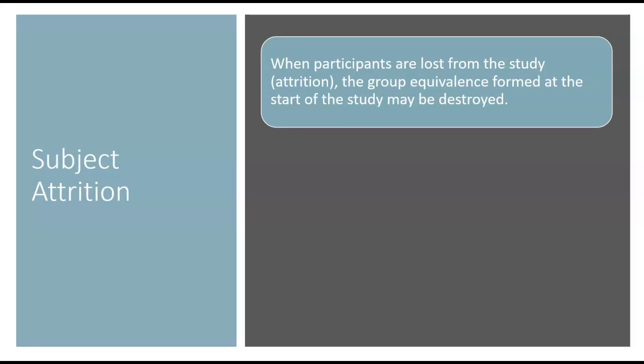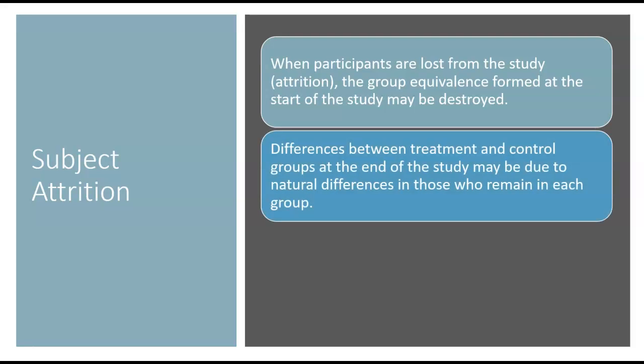But over the course of time, some of them drop out and don't continue to participate. So what you have is a problem of, if you're treating groups differently to manipulate your independent variable, what if the dropout is different across your groups?